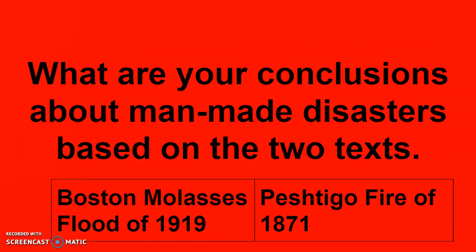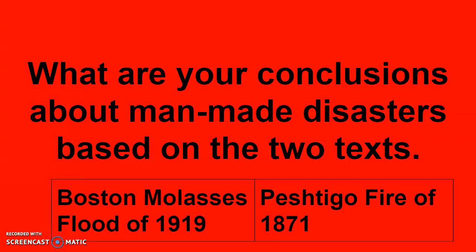So right now, I want you to think about what are your conclusions about man-made disasters based on the two texts that you have already read. You have already read the Boston Molasses Flood of 1919, and you've also read the Peshtigo Fire of 1871.